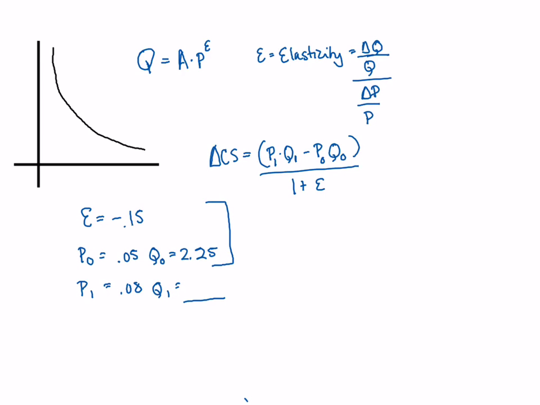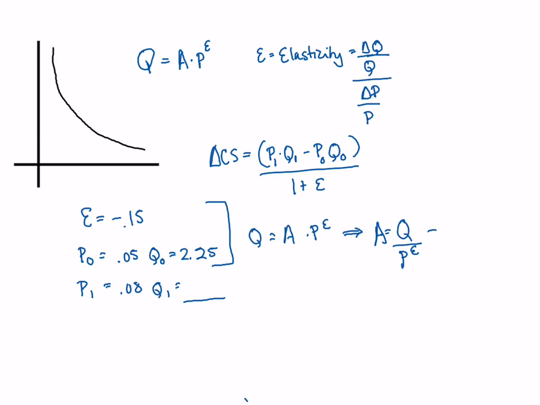From these two pieces of information, we can figure out what the demand curve looks like, right? So we know that Q is equal to A times P to the elasticity, but we can also define A as Q divided by P to the elasticity.